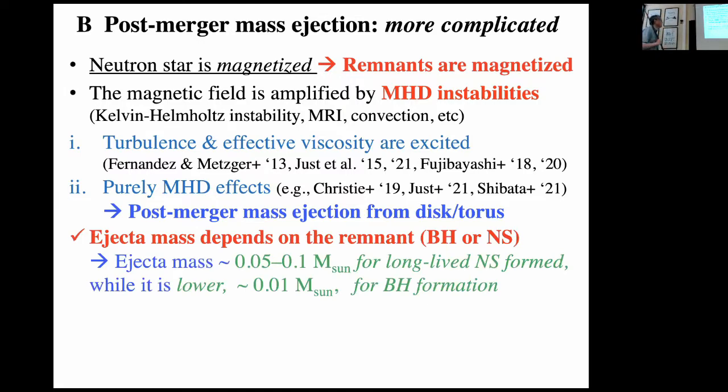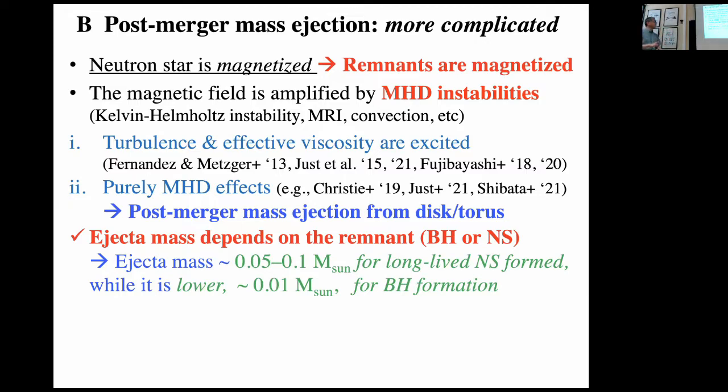So this is a one-sentence result. Post-merger ejecta mass depends strongly on the central object. In the presence of a very long-lived neutron star, the ejecta mass could be very high. As Vito asked, after the merger, in particular with long-lived neutron star formation, the disk mass is about 20% of the solar mass.